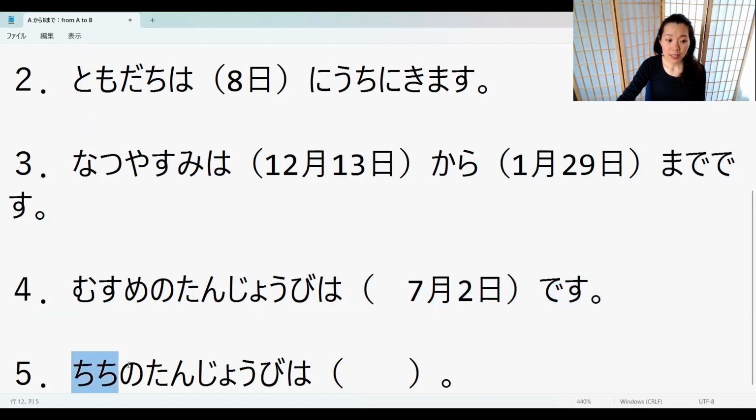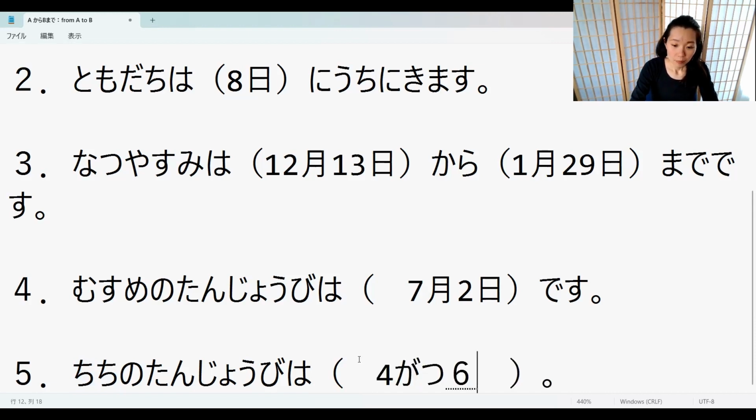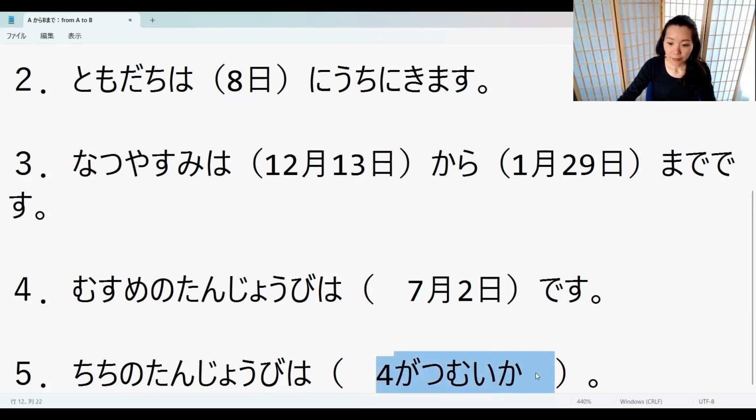And last one, 父の誕生日. We use 誕生日 again. 父, わかりますか？ Do you know what 父 means? 父. Another vocabulary with the same meaning is お父さん。お父さん is father. My father's birthday is 4月6日. This time I just wrote the hiragana for pronunciation purposes. 4月6日。You can add は, but you can drop it. If you drop it, the sentence sounds more casual.